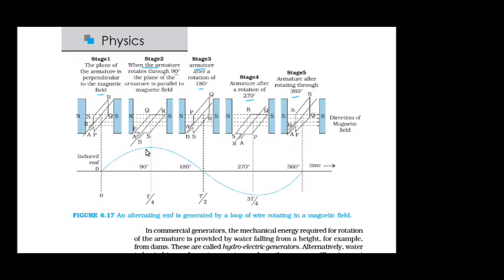So the cycle completes at 360 degrees. So 90 degrees, then 180, then 270, then 360. So it is a sine curve.